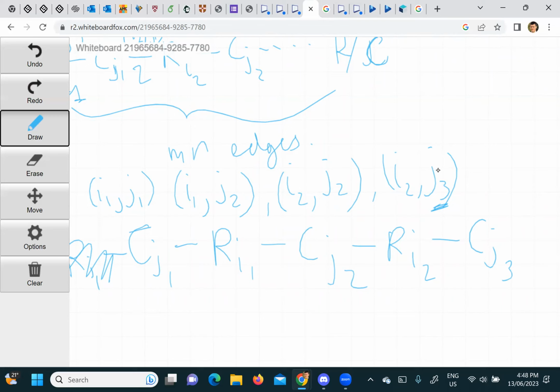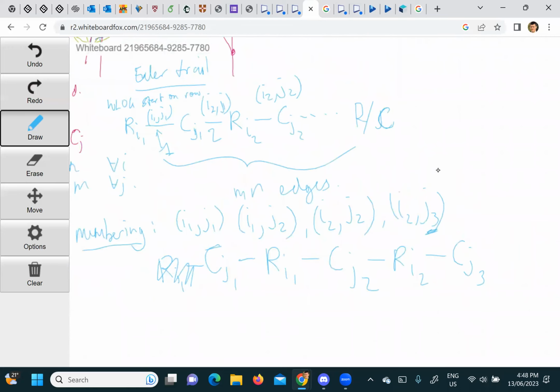How do you know the Euler trail covers all the numbers? So for any numbering, this is just an arbitrary numbering, you get an Euler trail, but the numbers might not be in order.